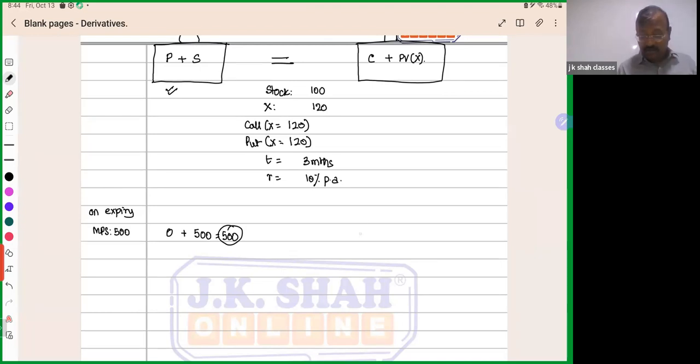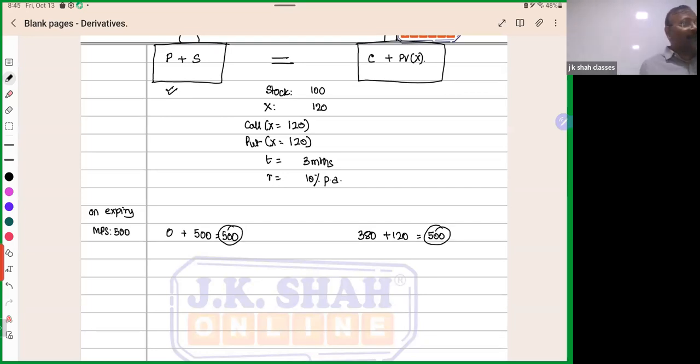How much? 380. And the amount of money that you deposited will now mature, and you will get 120, no? Right? So what is the value of this thali? And what was the value of the other thali?